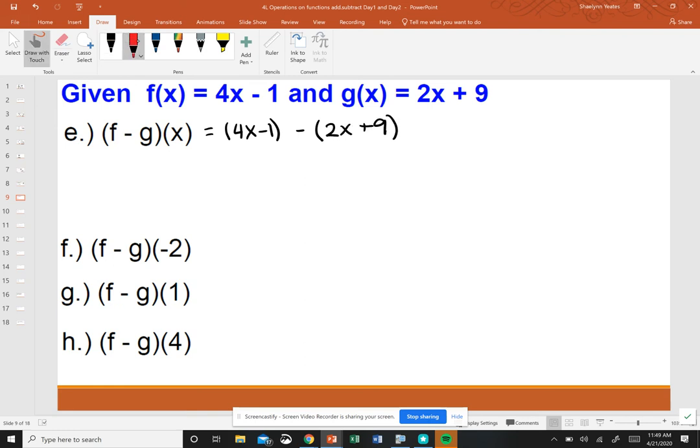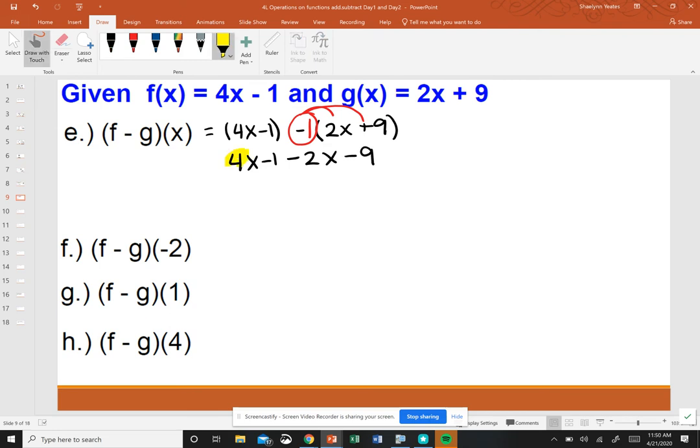Now remember, every time you have this minus, there's this negative 1 you have to distribute. All right, so 4x minus 1 doesn't change. However, negative 1 times 2x is negative 2x. That should just be minus 2x. And then negative 1 times positive 9 is negative 9.